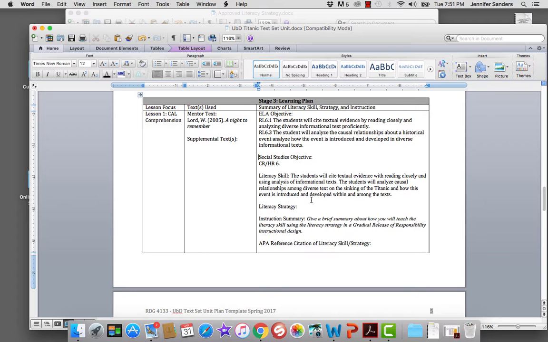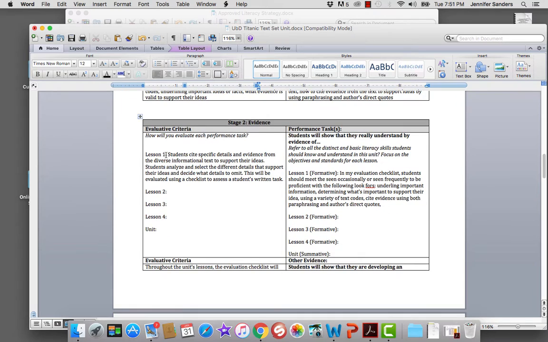Well, in my assessment piece here, I'm looking for specific details and evidence from the text to support their ideas. And I'm looking, can they analyze and select details that are important? And can they decide on what details to omit from the list? So, this sounds like something that I could check out.